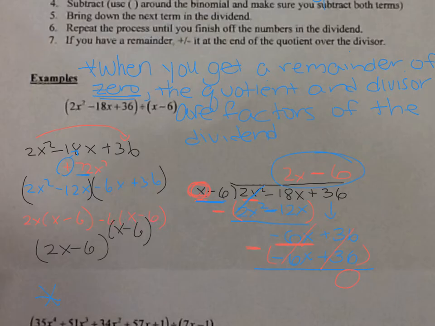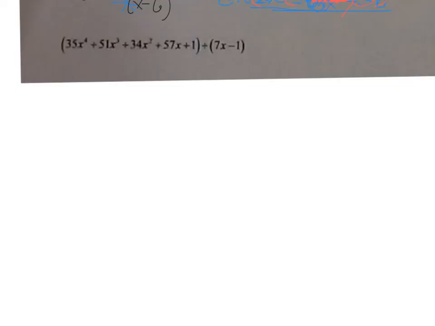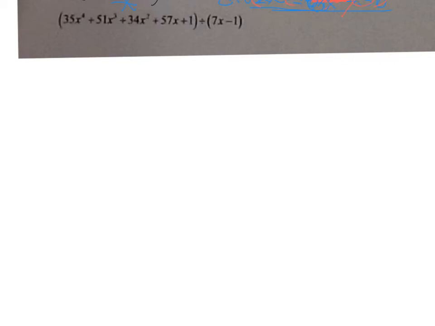So let's move this. Okay, so I am working on, so this is a long one here. I have 35x to the 4th plus 51x cubed plus 34x squared plus 57x plus 1.